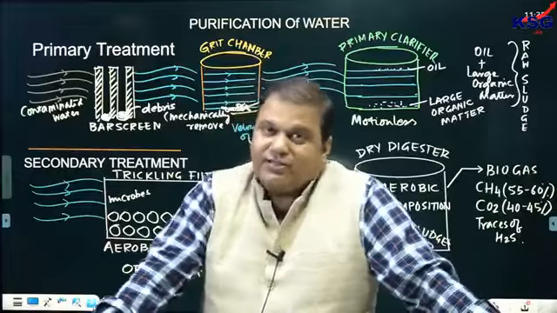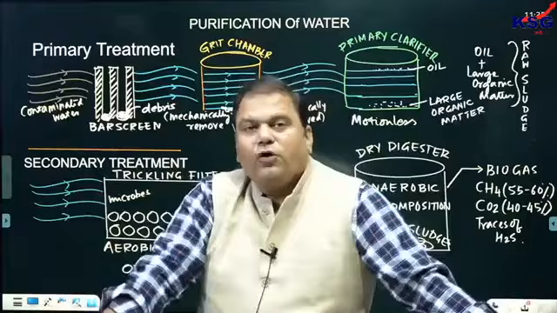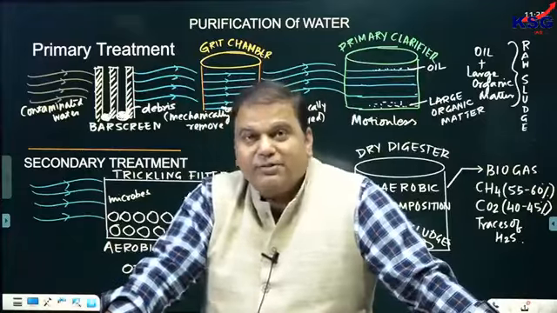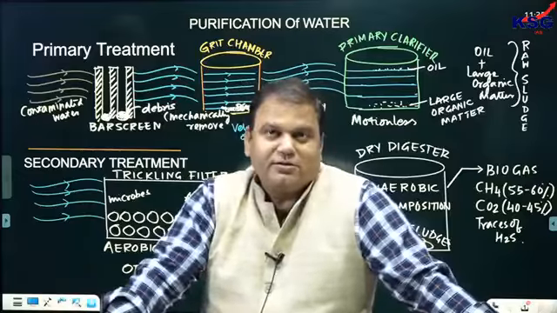On the other hand, we have an abundance of organic waste in India because we have a number of cattle. The municipal waste also consists of a large amount of organic waste.